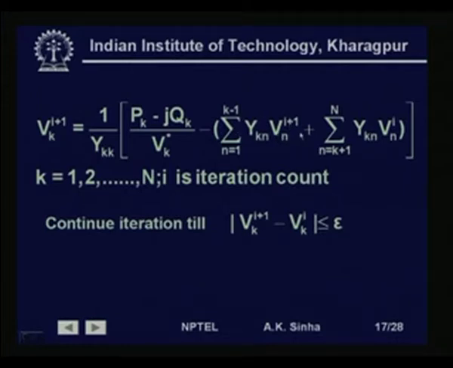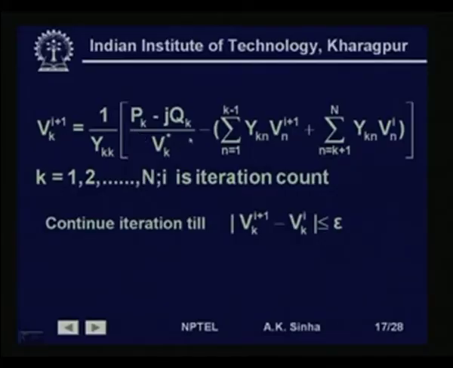So, this helps in getting a better solution faster, or reducing the number of iterations required. So, what we do is we keep working on this, replacing the older values by the new values and computing it for all the buses, that is, for k equal to 1 to n.